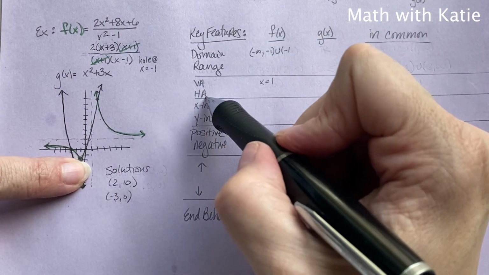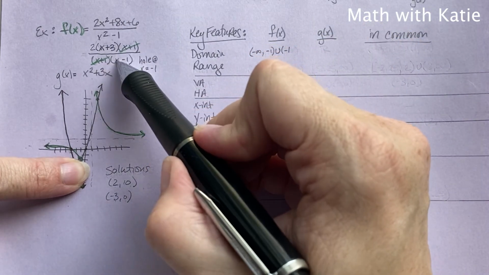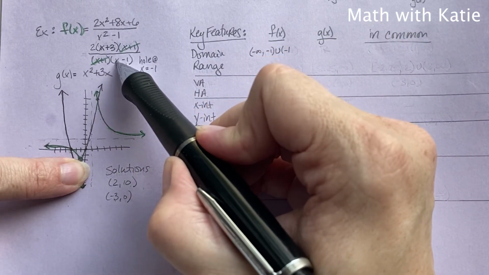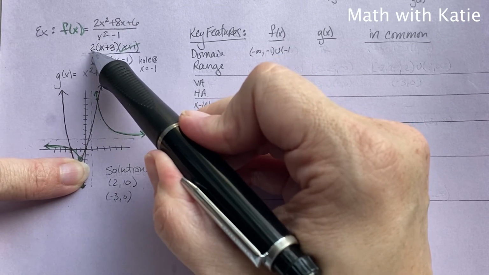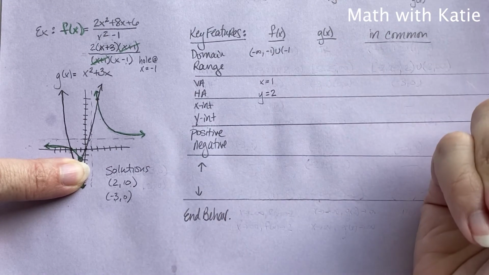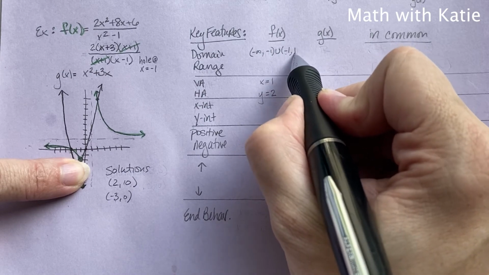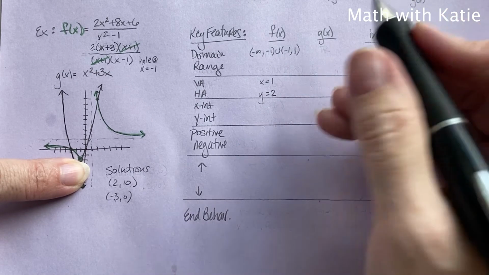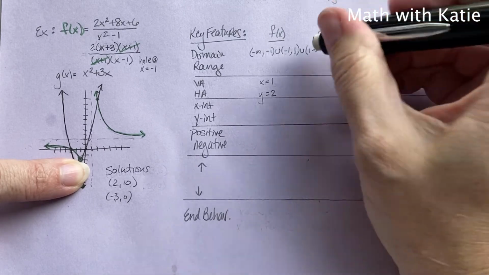Okay, and also let's go ahead and look at our horizontal asymptote. So since the powers of the numerator and the denominator are equal, we divide the leading coefficients. So our horizontal asymptote is just 2. So y equals 2. Okay, so this goes from -1 to our vertical asymptote of 1, and then it goes from 1 to positive infinity.